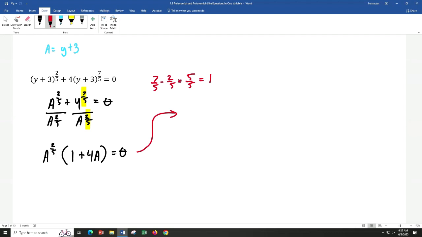So we've got this A, y plus 3 to the 2/5. Good so far? That would be one of them, and we're going to make that guy equal to 0.